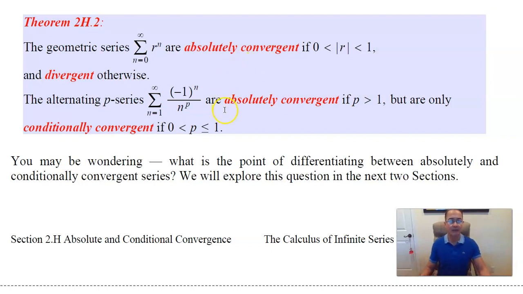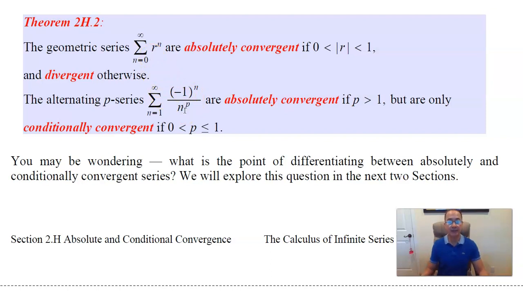What did we see about alternating p-series in our 3 examples? We saw that for the harmonic series, where p equals 1, it was conditionally convergent. And when p is 5/7, we got something which was also conditionally convergent. That's going to happen because when you take the absolute value, you simply get 1/n to the p.